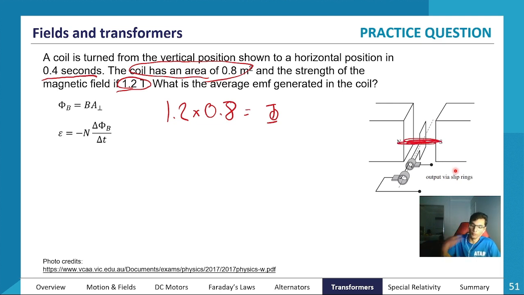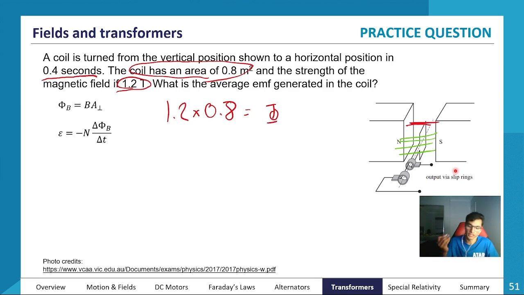You can see when the coil is horizontal, there is no flux. The flux is zero because there's no perpendicular area hitting the magnetic field. However, when the coil is vertical, you can see there are all of these magnetic field lines intersecting the coil. But when the coil was horizontal, since it's parallel to the magnetic field, there's no flux.